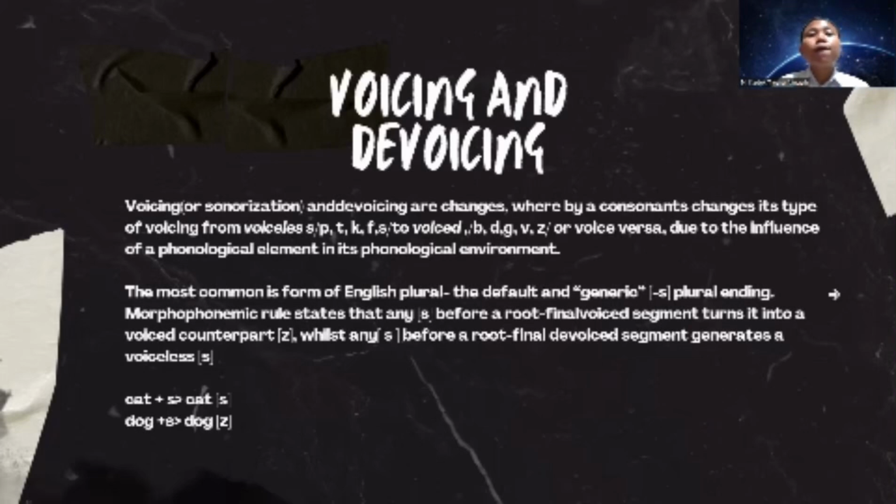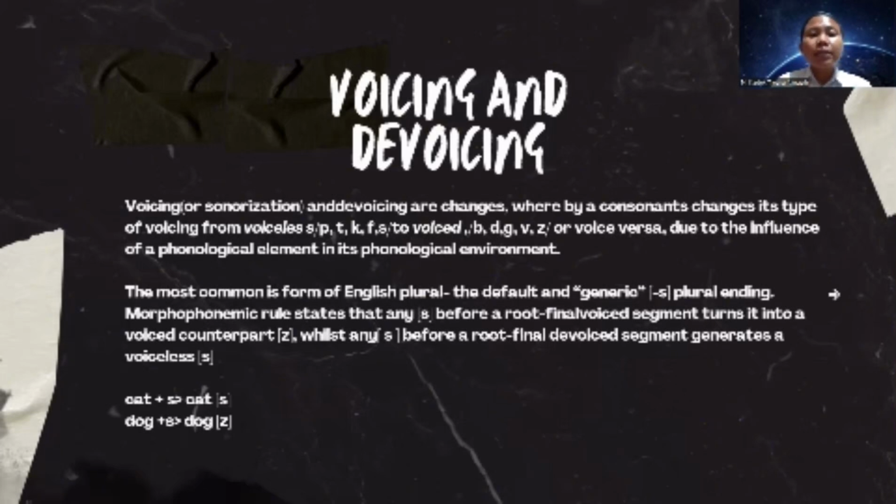Next is voicing and devoicing. Voicing, or sonorization, and devoicing are changes whereby a consonant changes its type of voicing from voiceless S, P, T, K, F to voiced Z, B, D, G, V, or vice versa due to the influence of a phonological element in its phonological environment.